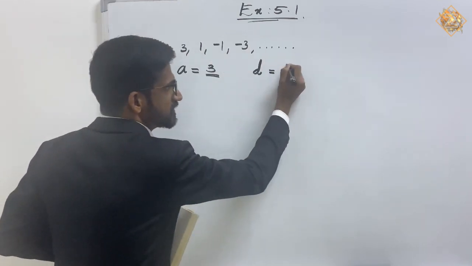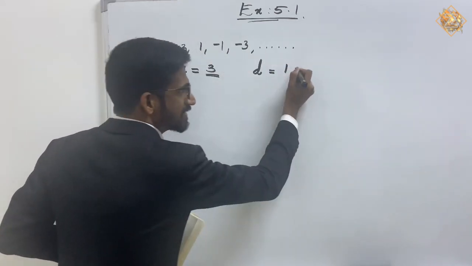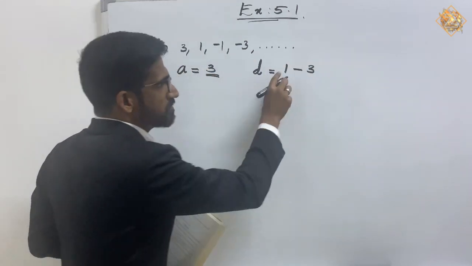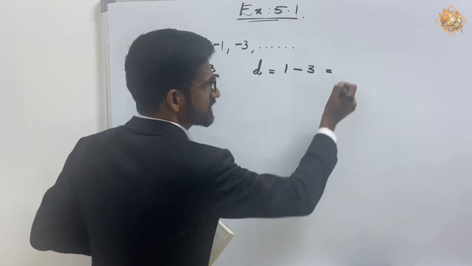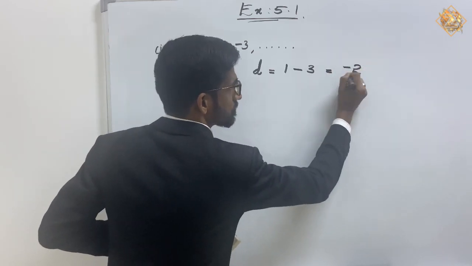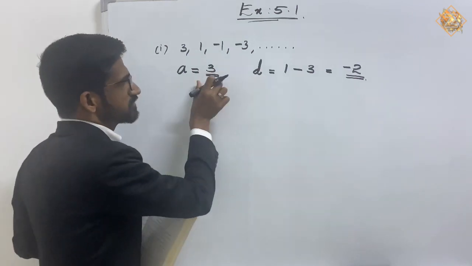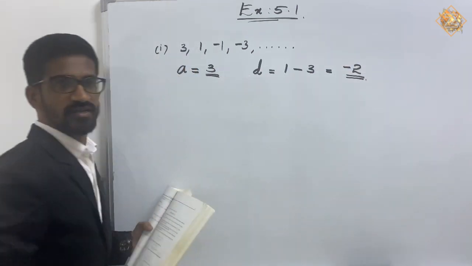From the second term we have to subtract first term, that is 3. 1 minus 3, that is minus 2. So we got the first term and common difference of the given AP.